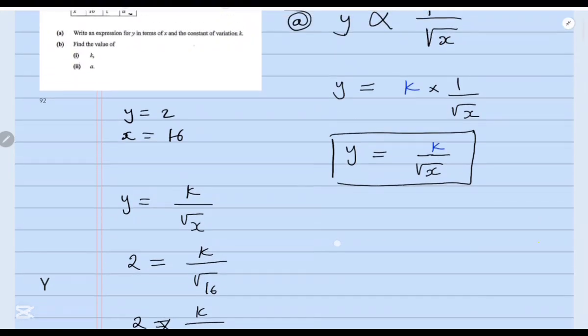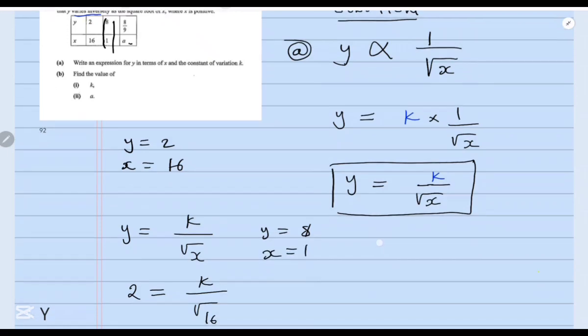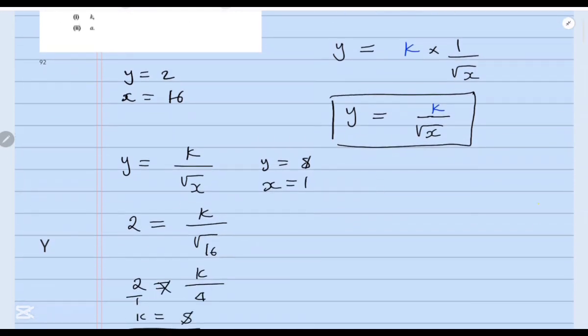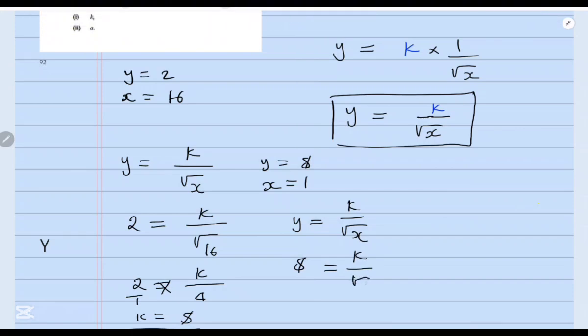But in case you decided to use other values like 8 and 1, your y will be 8 and your x will be 1. You get the same expression we have formed: y is equal to k over root of x. Our y is equal to 8, k we don't know, over root of 1.